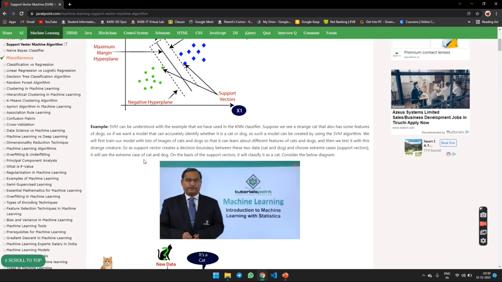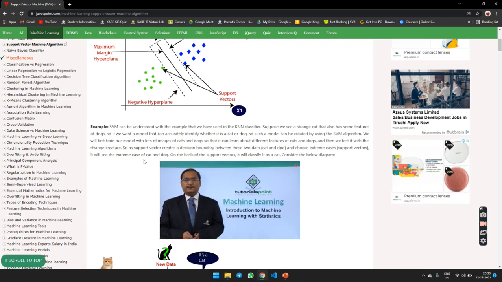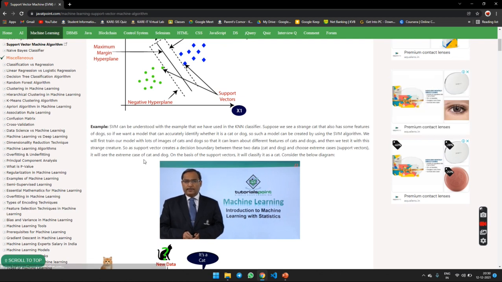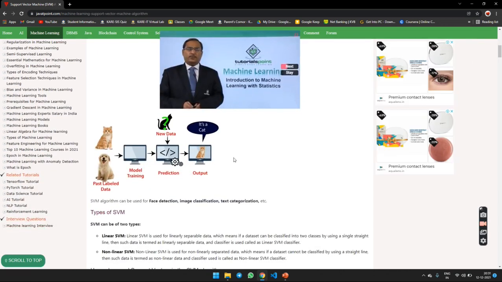We will first train our model with lots of images of cats and dogs, so it can learn the different features of dogs and cats, and then we will test it with this strange creature. The support vector creates a decision boundary between the two classes and chooses the extreme cases, the support vectors of the cat and dog.